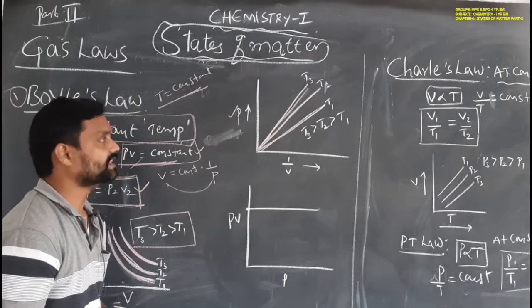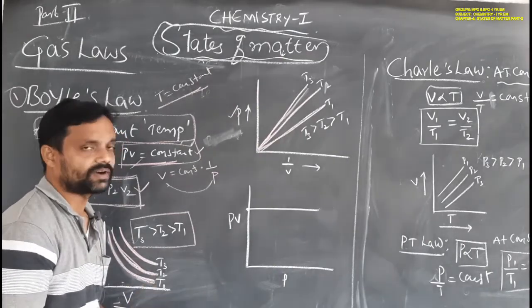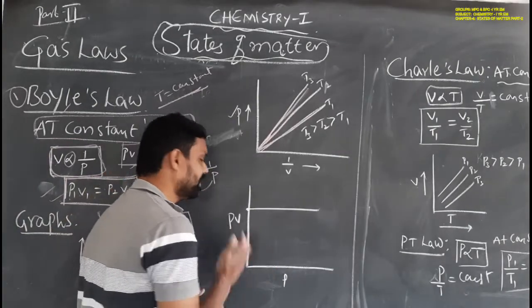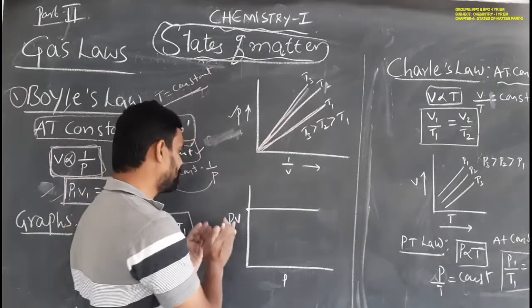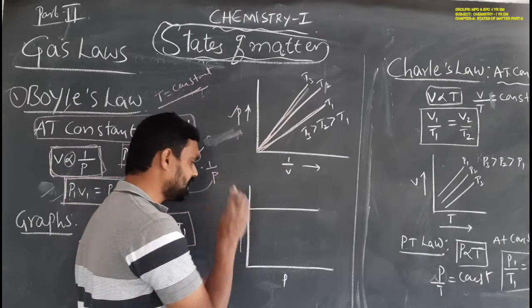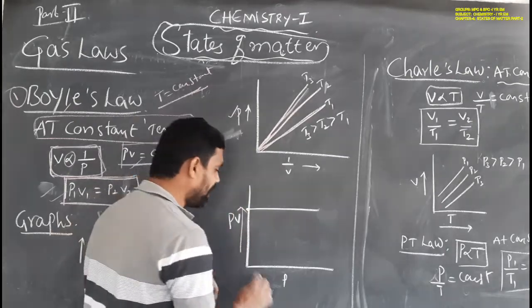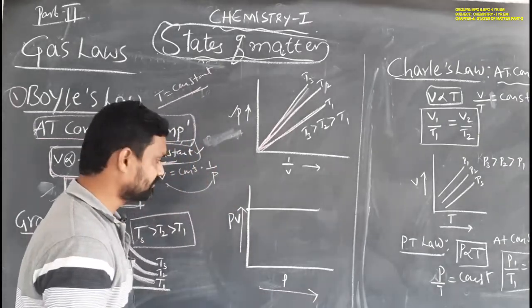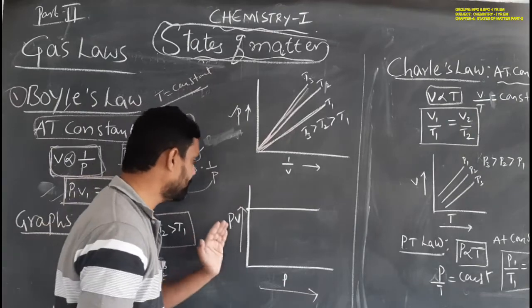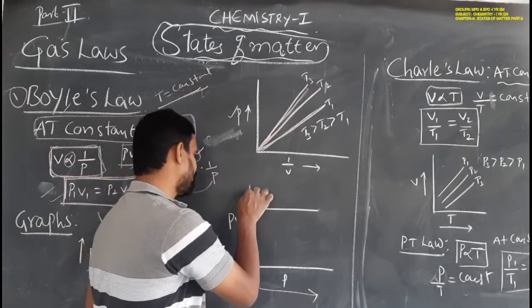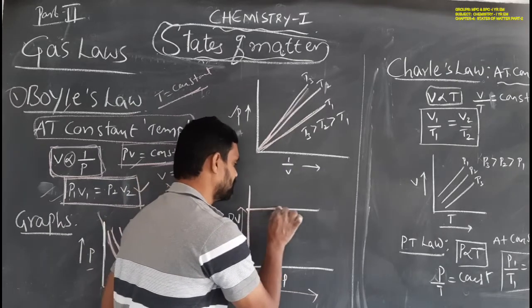Another graphical representation for Boyle's law is PV versus pressure. Students, on the y-axis we take PV, on the x-axis we take the pressure, and when we draw the graph between PV and pressure of the gas, the graph will look like this model.